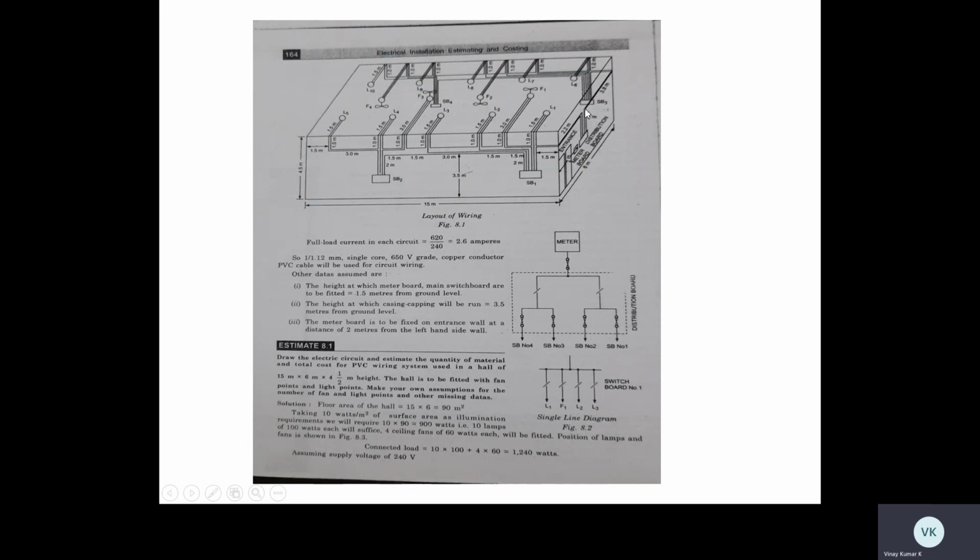How much is required? 2 meters, 2.2 meters, 1.5 meters, 2 meters. See here, you people already know that switchboards should be placed at 1.5 meters from the floor. He has given a total of 4.5 meters of height.